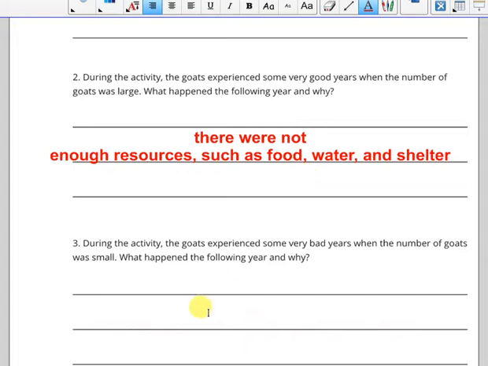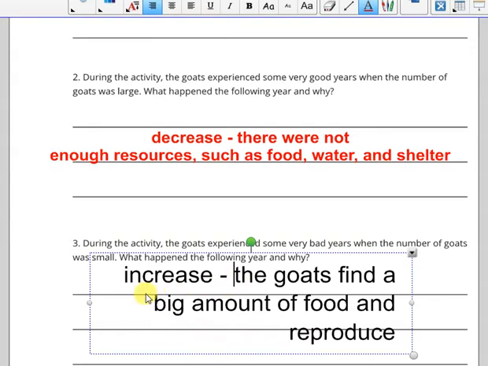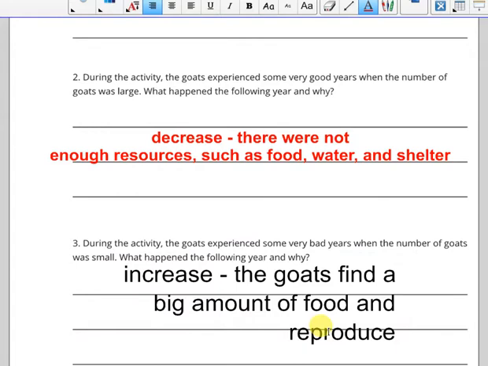Okay. So the number of goats increases. Why? Because the goats find a big amount of food and they reproduce, or give birth to new babies. So what happened when the number of goats was large?